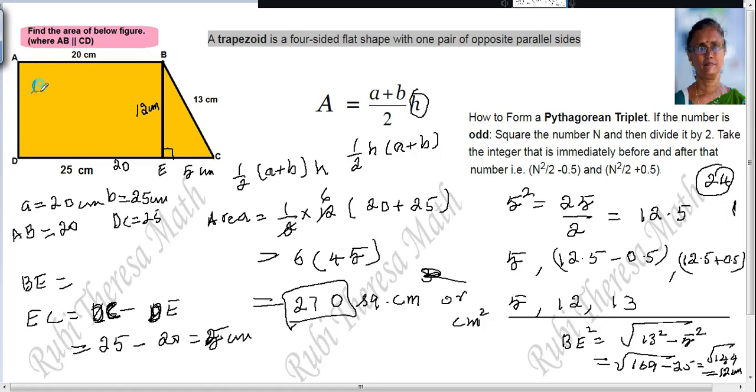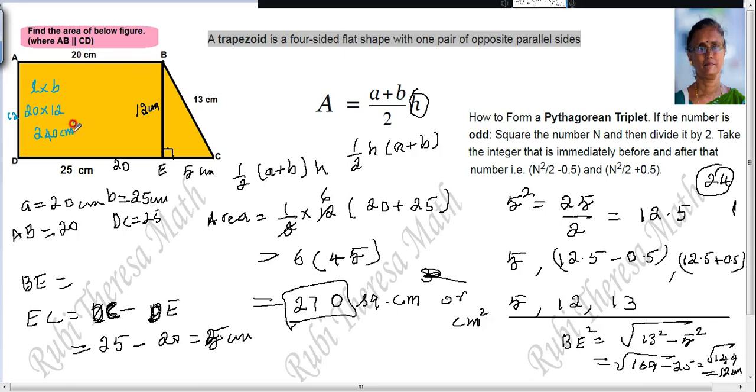L into B. What is length here? 20. What is breadth here? If it is 12, then this is also 12. So 20 into 12 is 240 centimeter square, the area of the rectangle.